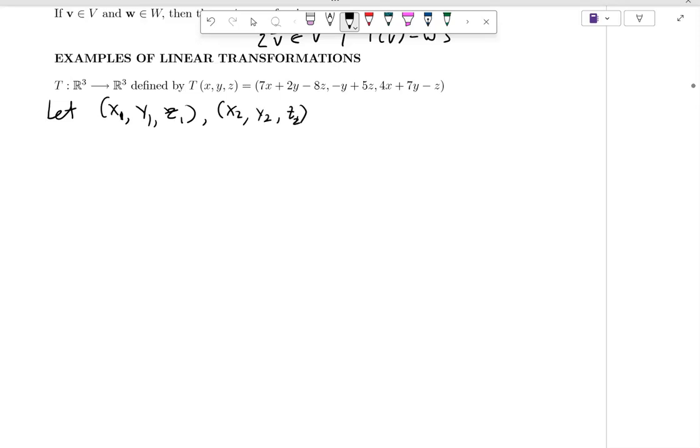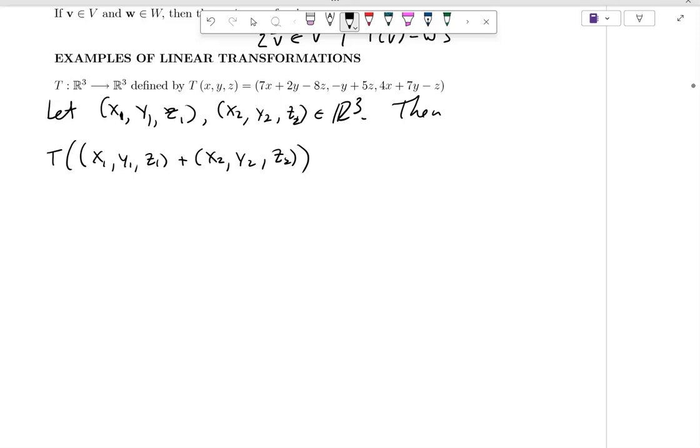I need to show that my transformation breaks up over the sums. This is going to be a lot like when we were verifying vector space axioms or proving things are subspaces, right? Showing that those closure properties are satisfied. This is the same kind of idea.